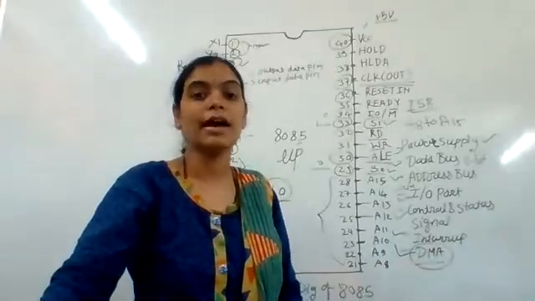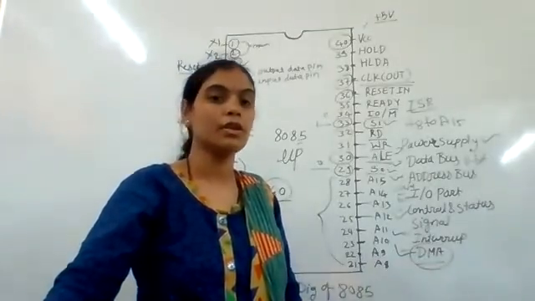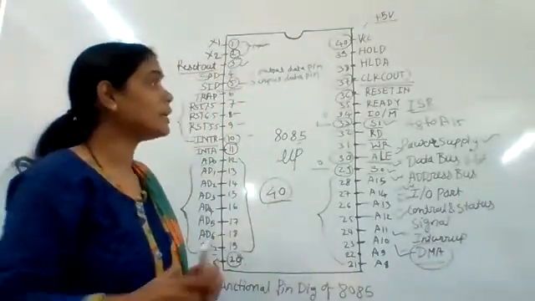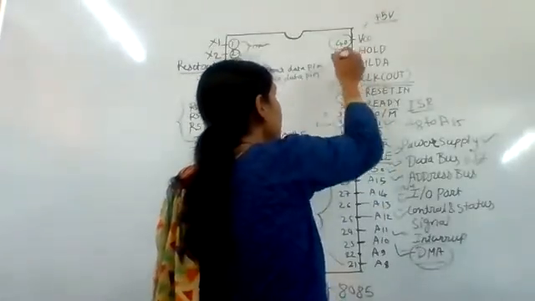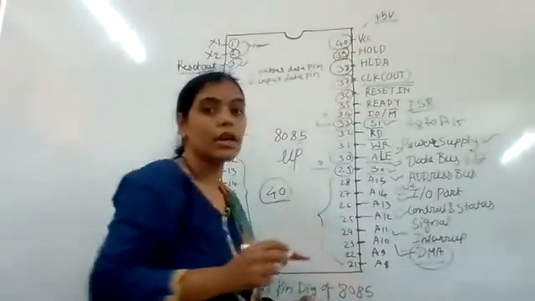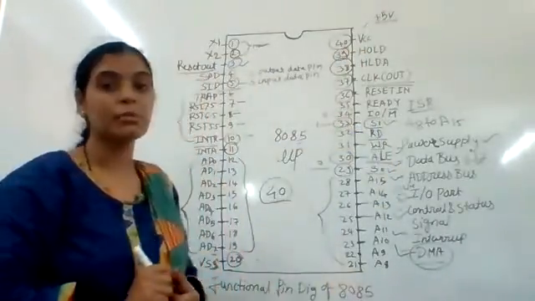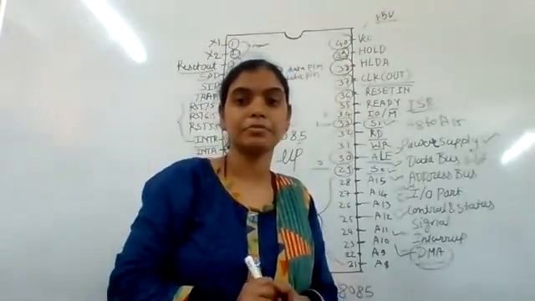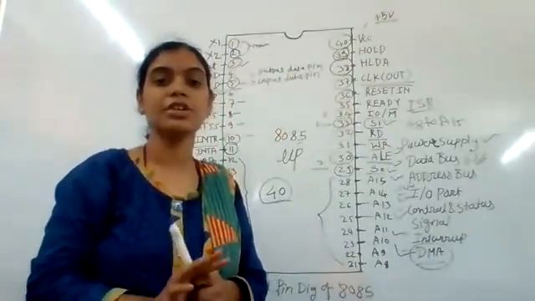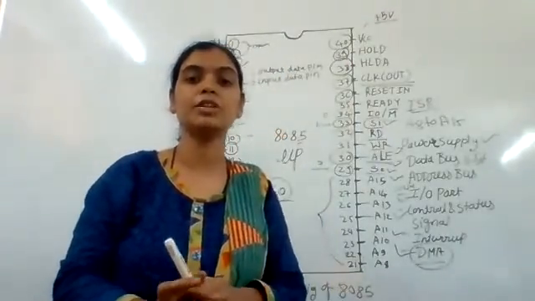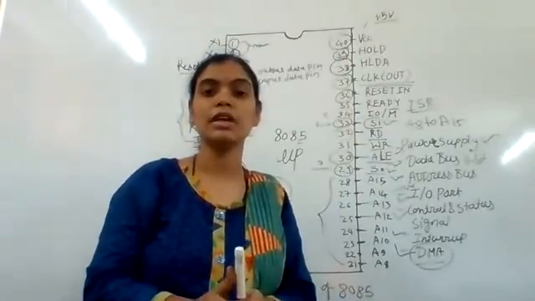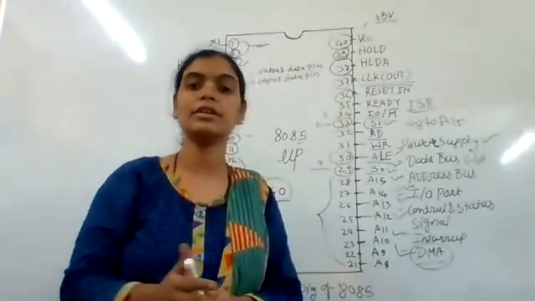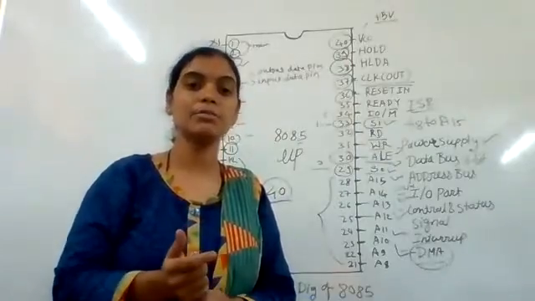So the DMA has two pins, HOLD and HLDA, pin number 39 and pin number 38. HOLD, pin number 39, generates a signal to notify the processor that more than one request is present to access the data and address bus.